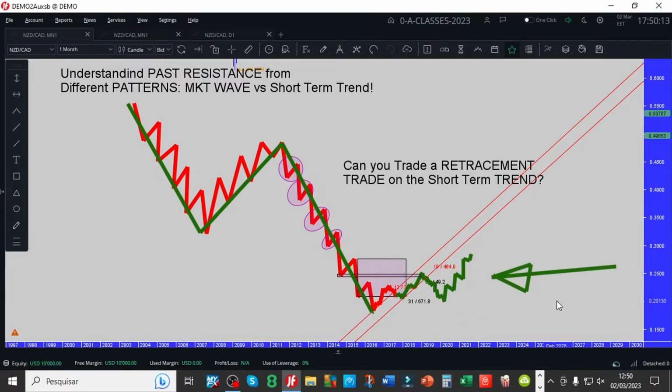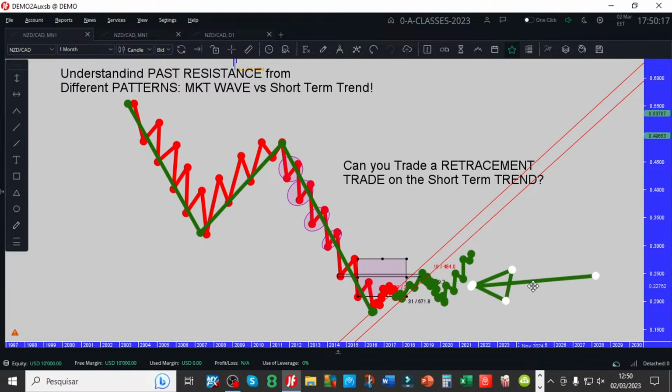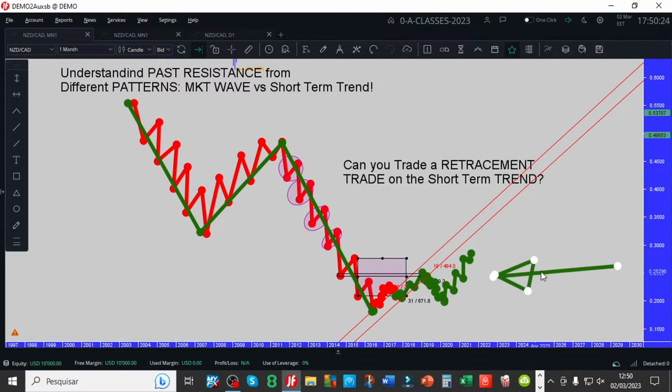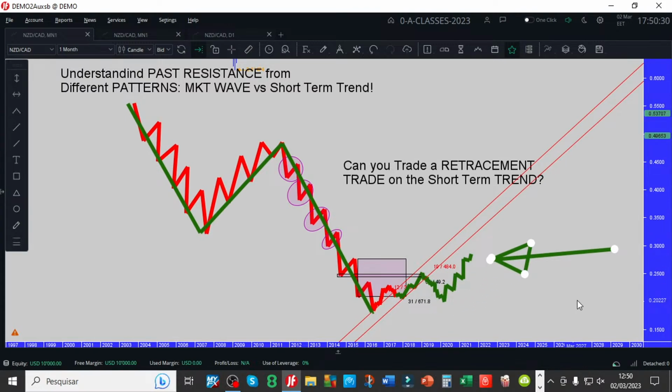Make sense? So when you are stopped out once or maybe twice, then you must realize, okay, the short-term trend is changing directions, meaning the market wave is changing directions too.